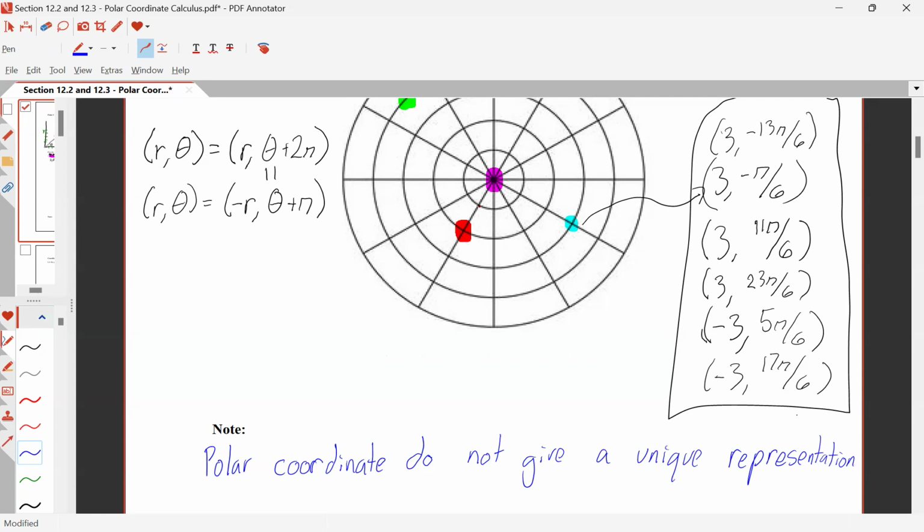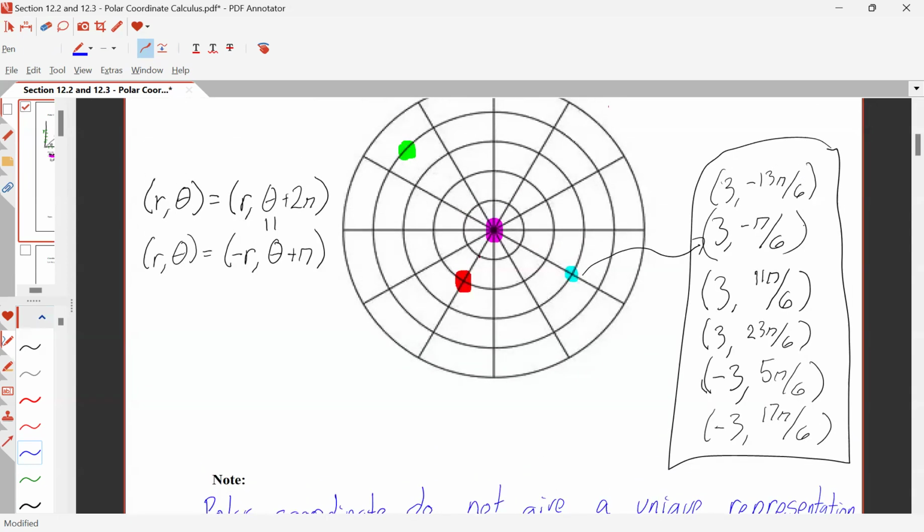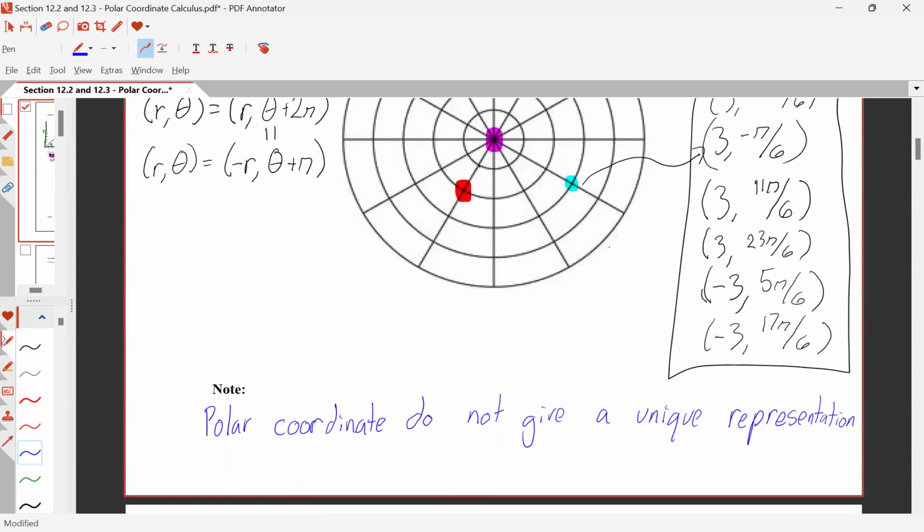And it only gave us that one point. In polar coordinates, I have listed off 6 different ways to write the same point. So there are many ways to write the point r theta.